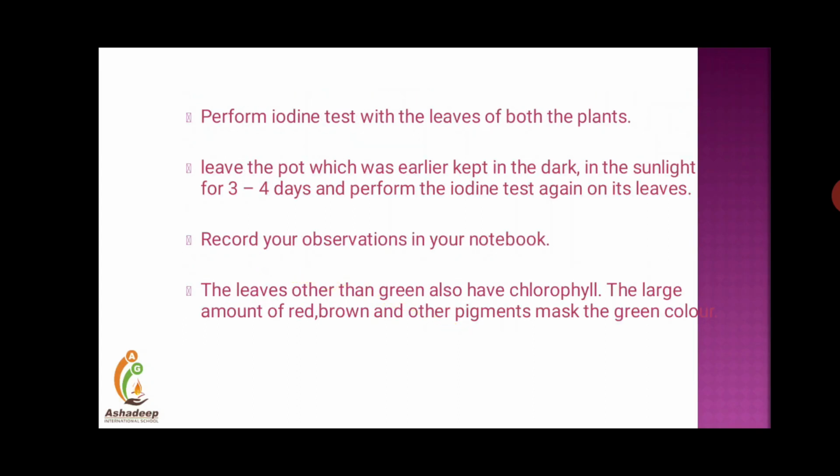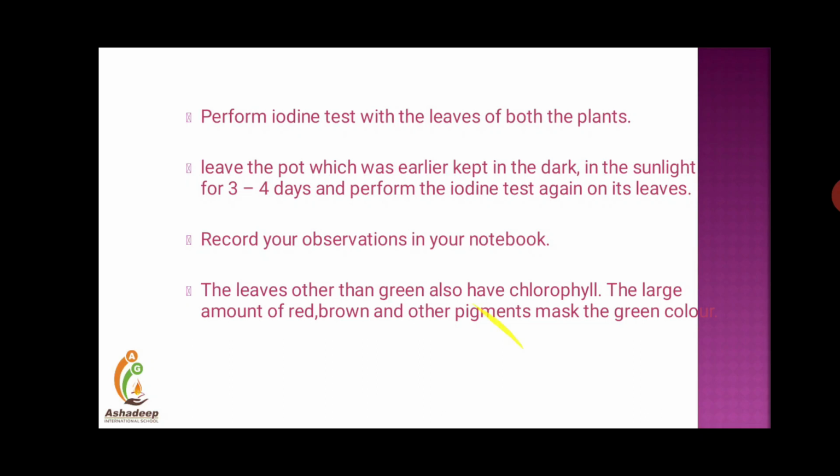Perform the iodine test with the leaves of both plants, and then after 3-4 days again perform the iodine test with the leaves kept in sunlight, and record your observation in your notebook. The leaves other than green also have chlorophyll. The large amount of red, brown and other pigments masks the green color.